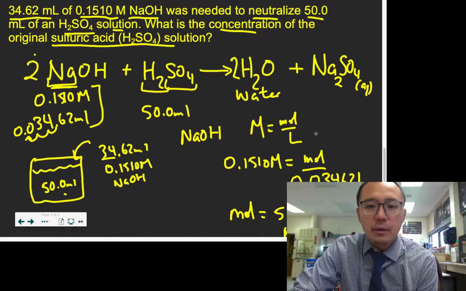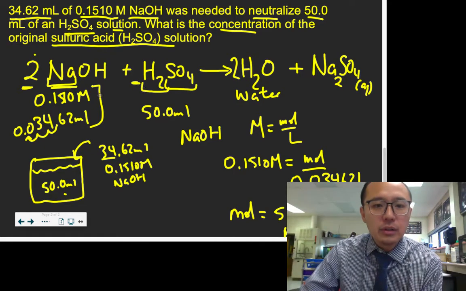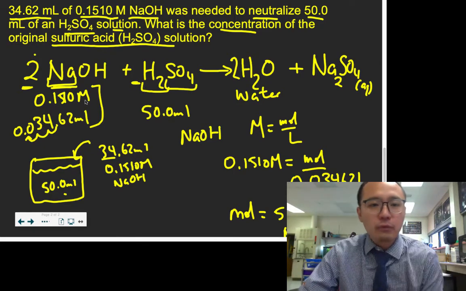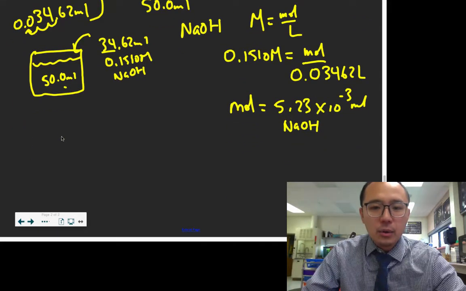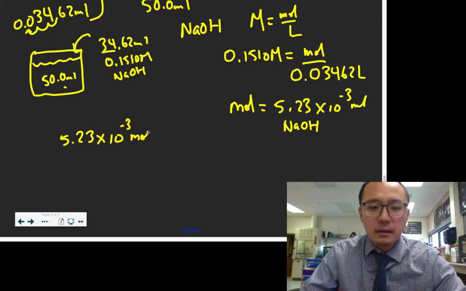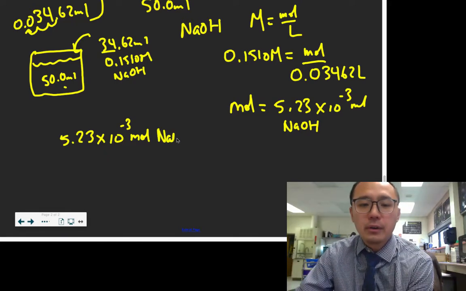So now I'm going to look at my molar coefficients, and you're going to see this is a 2-to-1 ratio. I need to figure out the moles of sulfuric acid, so I can use this times division bar method. So I'm going to do 5.23 times 10 to negative 3 moles of NaOH times division bar.